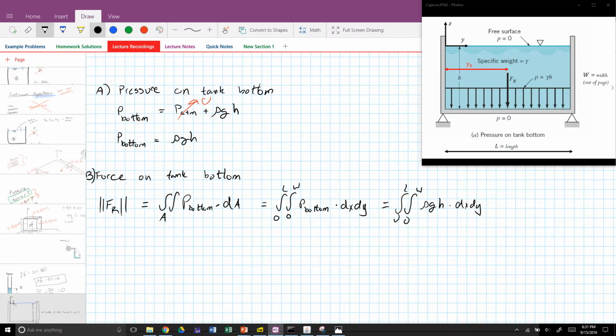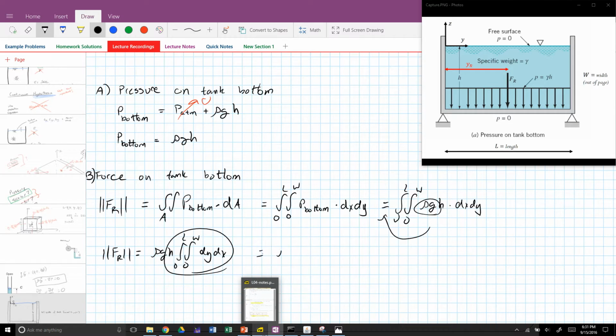So we can move this quantity outside of the integral, giving us rho g h times the integral from 0 to L, 0 to W, of dy dx. Hopefully you recognize that this is simply the area of the bottom, giving us rho g h L W.